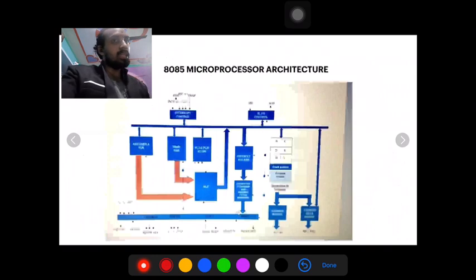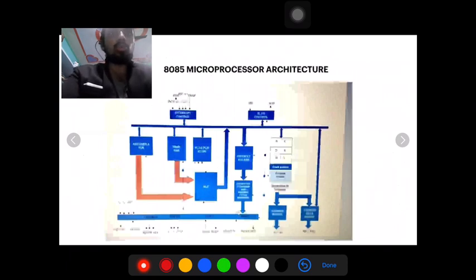I'm repeating what I just said. The arithmetic logic unit gets some input, does its calculation, and the result is stored in these registers you see here.